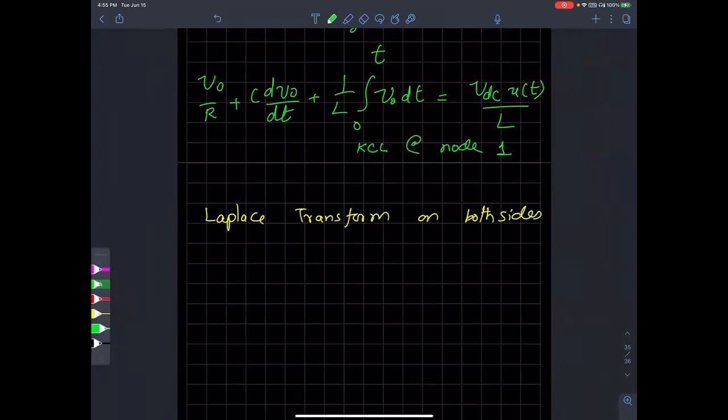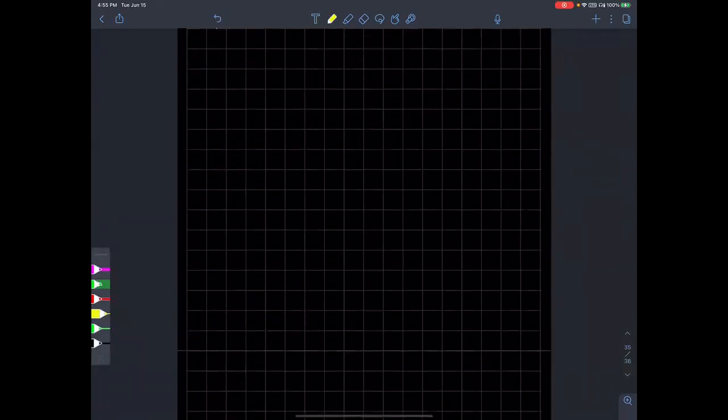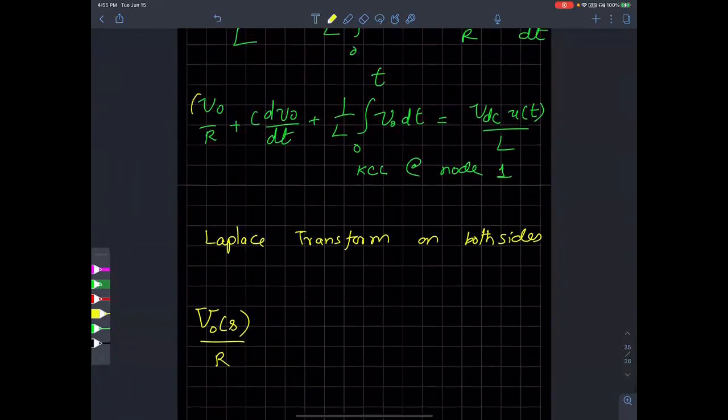V naught over R is going to come out to be V naught of s over R, because R is a constant that does not change. The Laplace transform of V naught of t gives you V naught of s, plus the Laplace transform of C dV naught by dt.